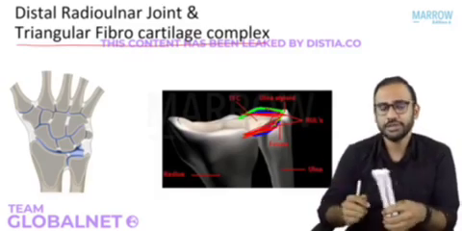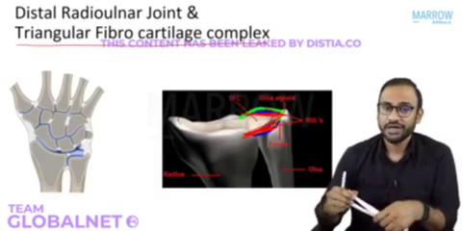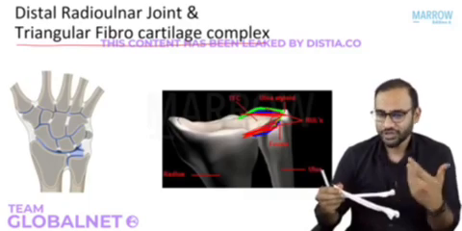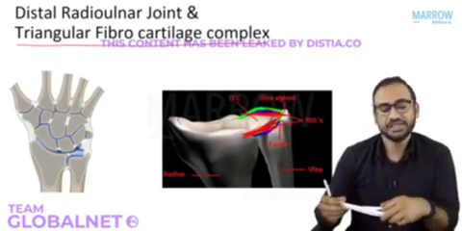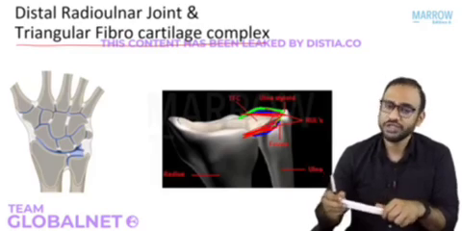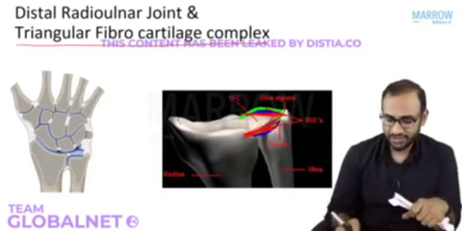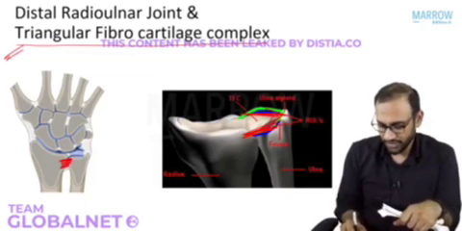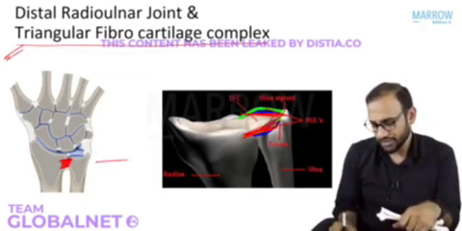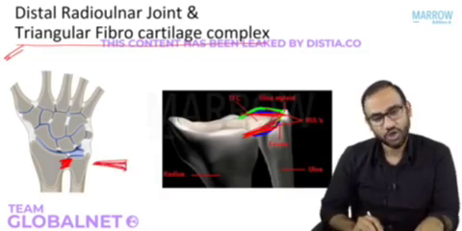So sometimes on your exam, the examiner will tell you that Galeazzi fracture is nothing but a fracture of the radius diaphysis with a TFCC injury. If that is the case, yes, it's a true statement, because DRUJ disruption is equal to a TFCC injury, and that is the same thing. So usually the TFCC would be somewhere over here at the distal radioulnar joint, and it's the shape of a triangle. We call it a triangular fibrocartilage complex.